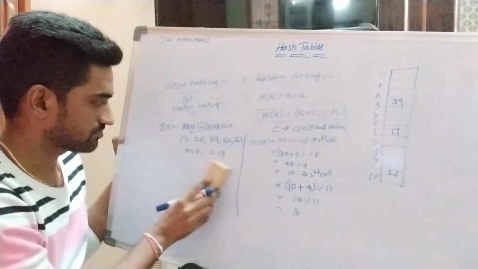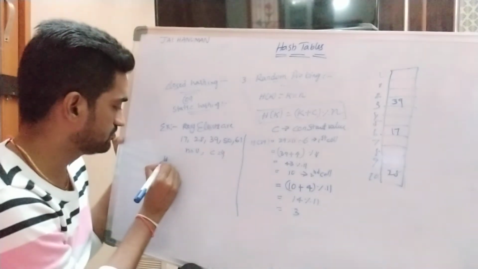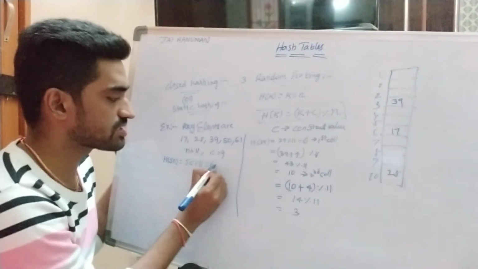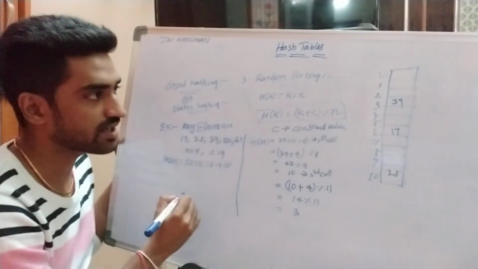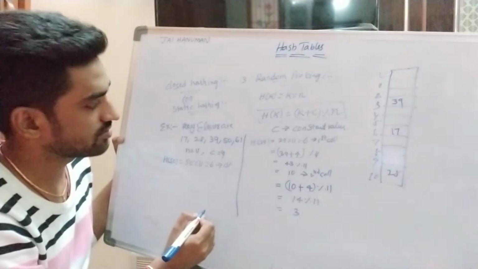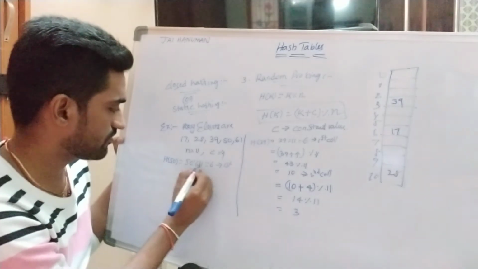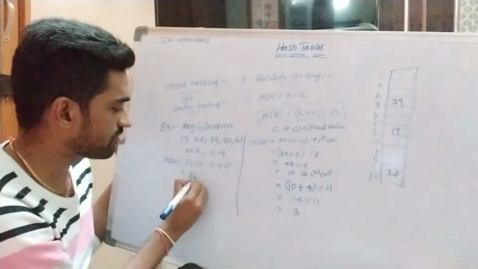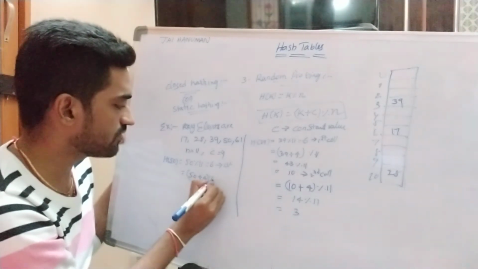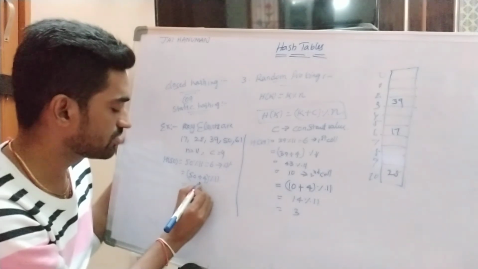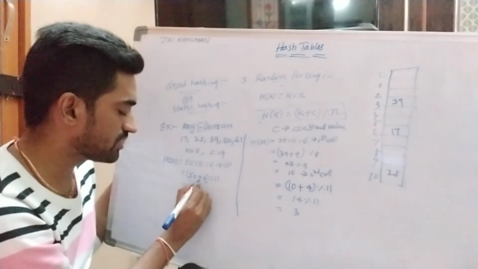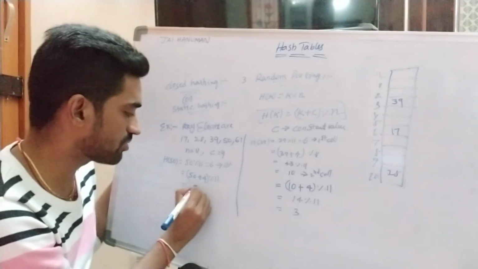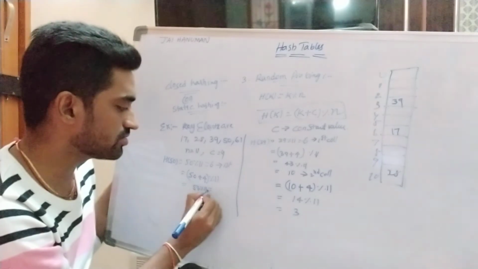39, right? So what is the next key value? H of 50. So 50 modulo division of 11: 6. The first collision has occurred. Why? Because that is not a vacant position, right? It is occupied by 17. Then apply random probing. What is the formula? K plus C. So 50 plus 4 modulo division of 11, which is equivalent to 54. 54 modulo division of 11 is equivalent to 10.